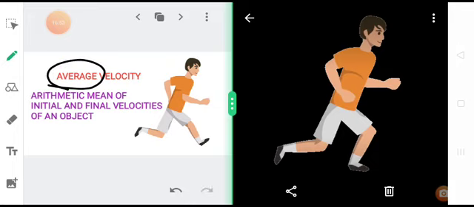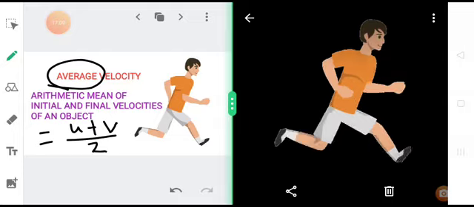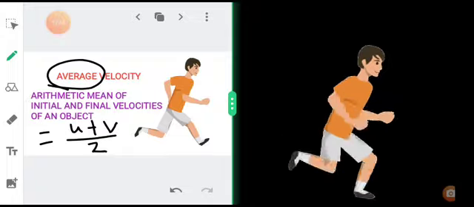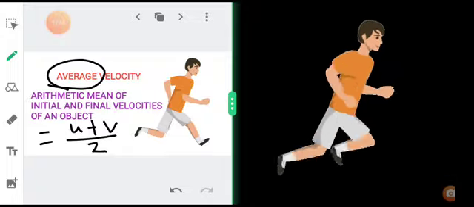And you know how to find out the average of two values? The first value being the initial velocity and the second value being the final velocity. So to find out average of two values, you need to add them and then divide by 2. So this is the formula for average velocity of an object. Initial velocity plus final velocity divided by 2.